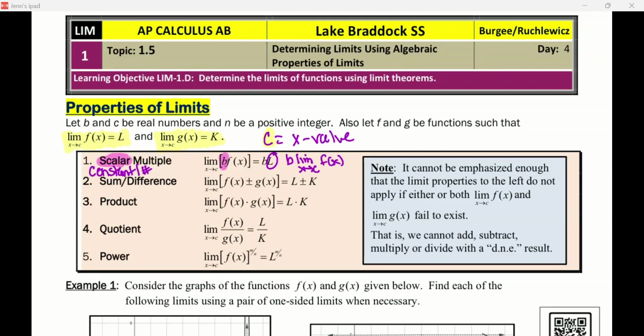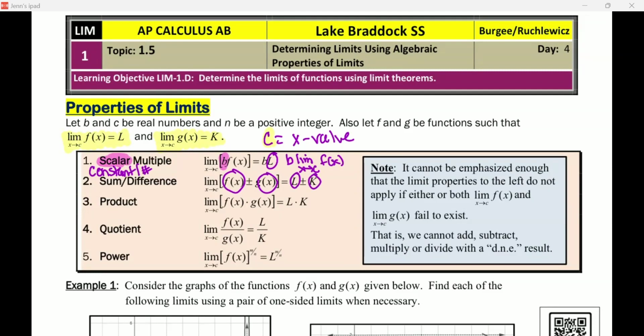We also have a sum and difference rule. If we're trying to find the limit of a sum, then it's equal to the sum of their limits. I can find the limit of f of x, which is L, and the limit of g of x, which is k, and add or subtract them together.